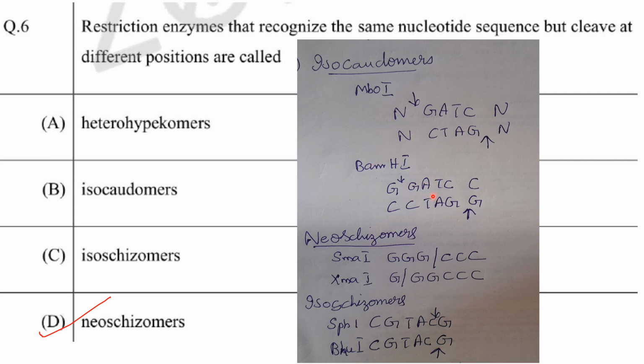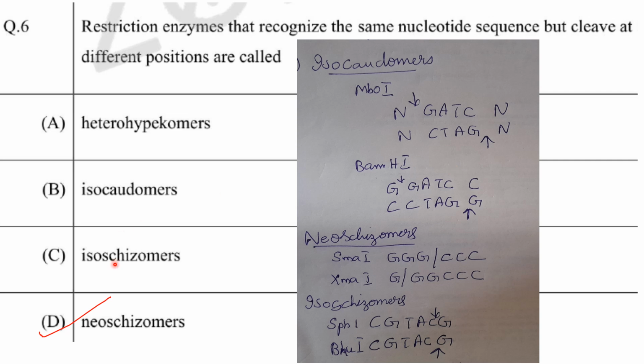BamHI is also having GATC but it is G here at the place of N. So it will cut here, this will also cut here, and MboI will cut here. So they are isocaudomers because they have slightly different recognition sequences but on cleavage they will generate the same identical termini.